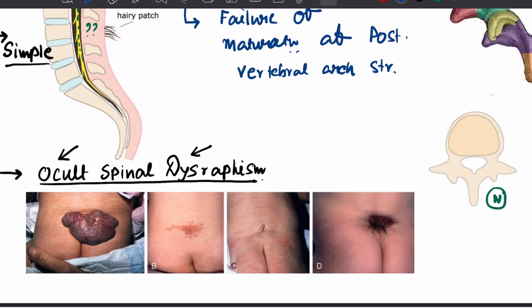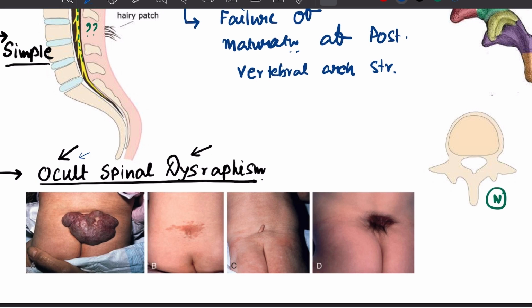And this is the picture showing the occult spinal dysraphism. Occult spinal dysraphism means from outside it is occult, but inside the spine there are some malformations involving the spinal cord.